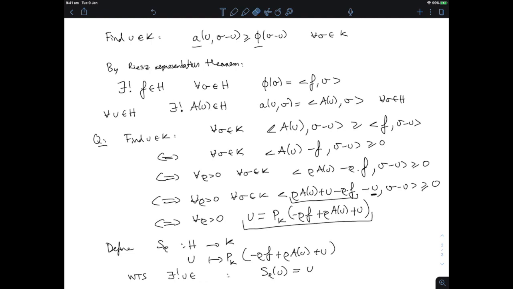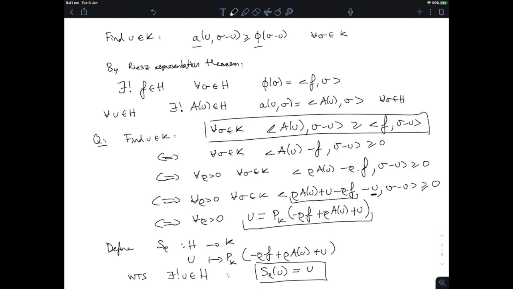It's automatically going to be in K because it's going to be the projection onto K of something. So if I have this fixed point of the map S rho, then I satisfy this family of inequalities that I want in my theorem.